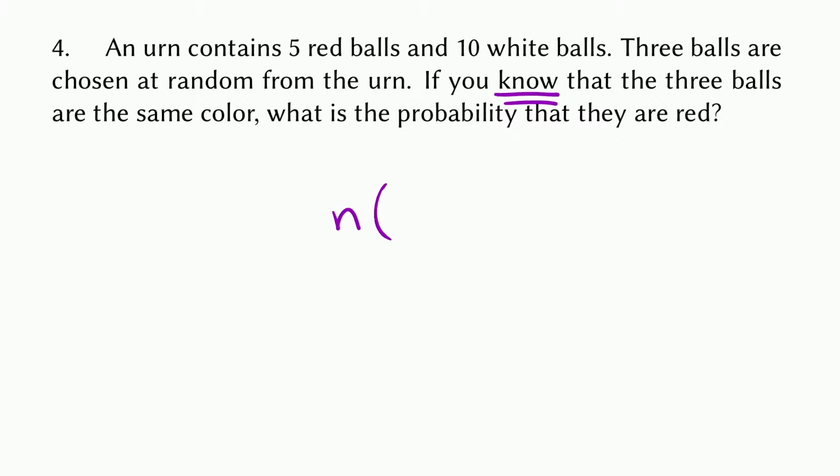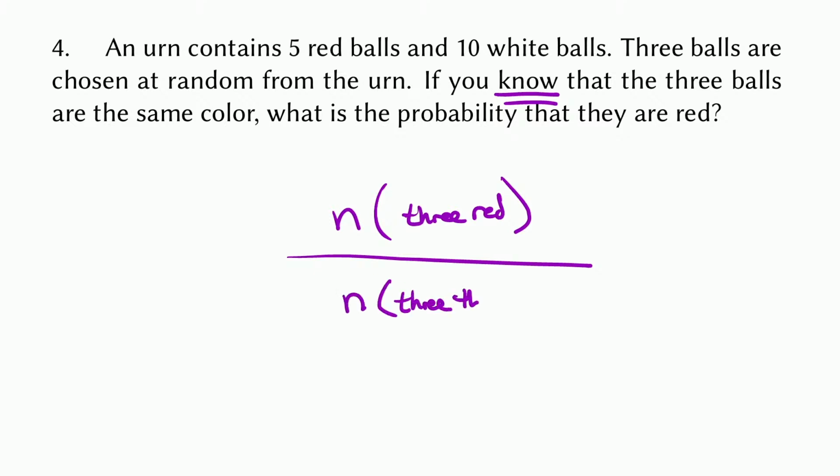The number of ways of having 3 red, all over the number of ways of having 3 the same. So this is just the way I'm going to do it, but you could have done it something similar. Now, despite the fact that this is a conditional probability, it is related to the hypergeometric random variable.